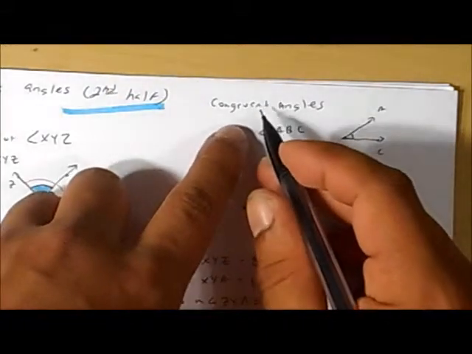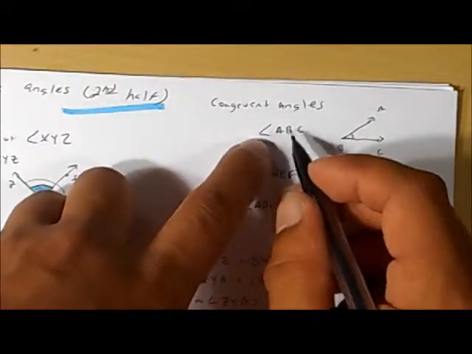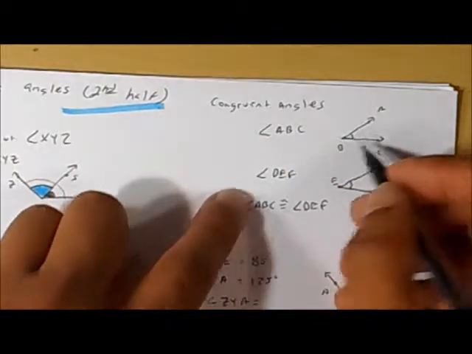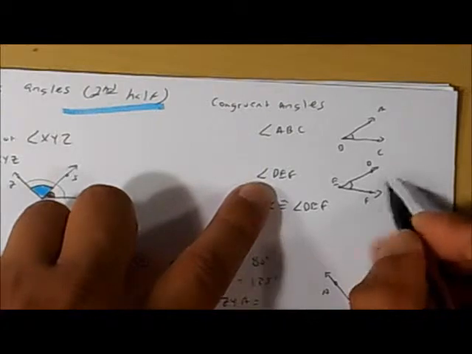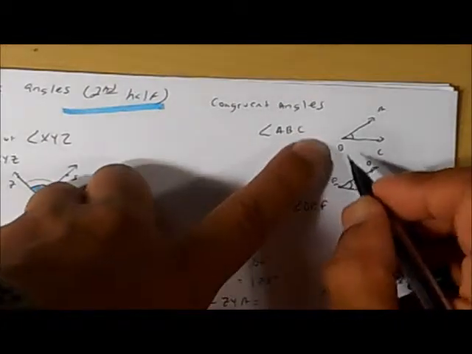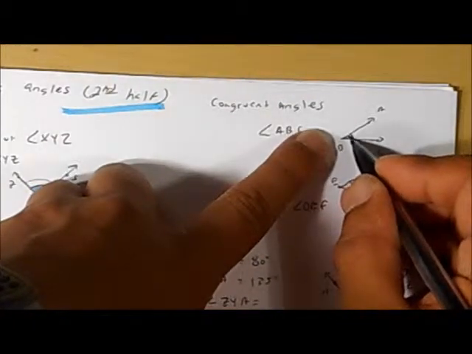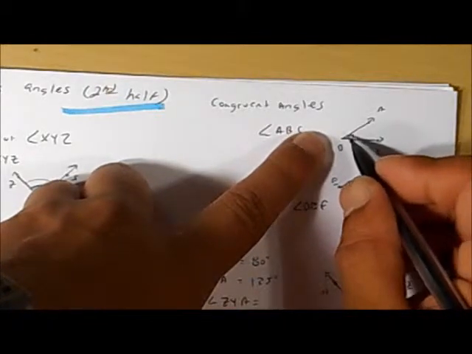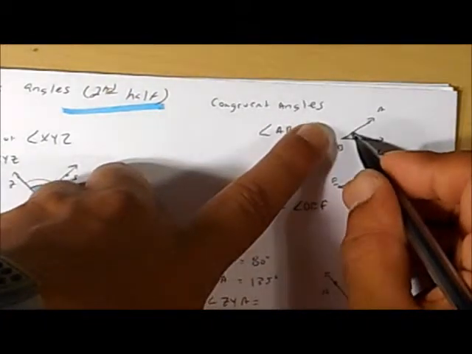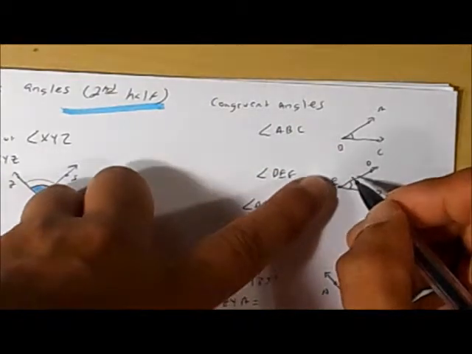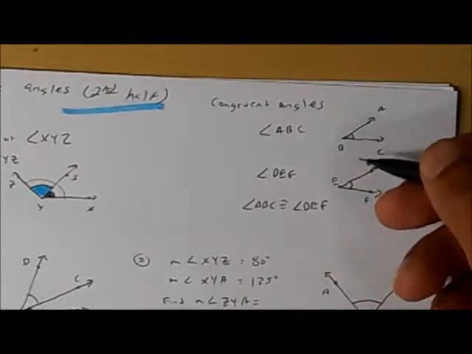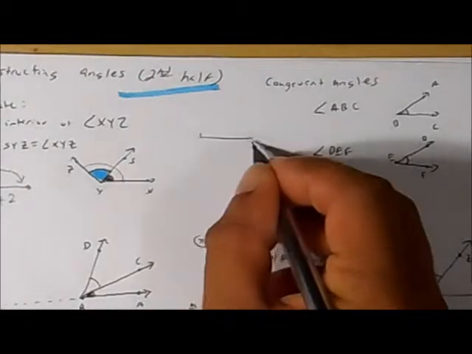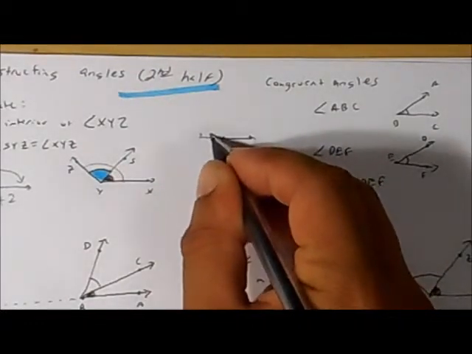Okay, so right here, congruent angles, angle ABC, and then we have angle DEF, and from here, you're usually given what could be considered a tick mark that goes all the way down from A to C, and all the way down from D to F. And so that will represent that they are both congruent, similar to the little tick marks I showed you for the midpoint.